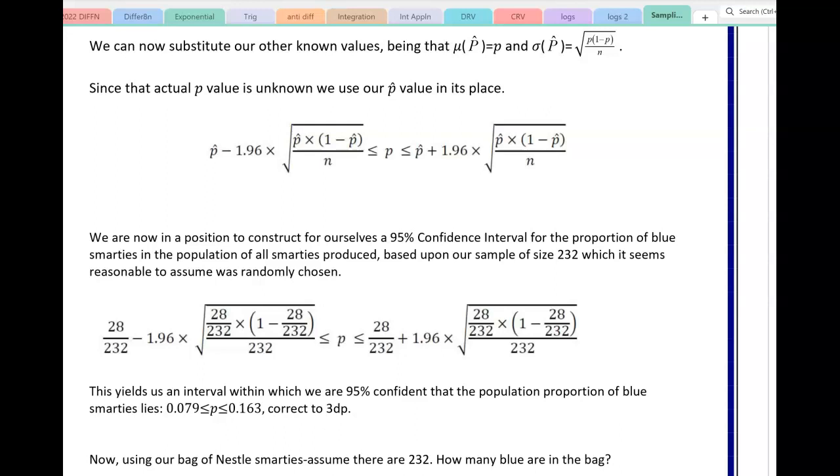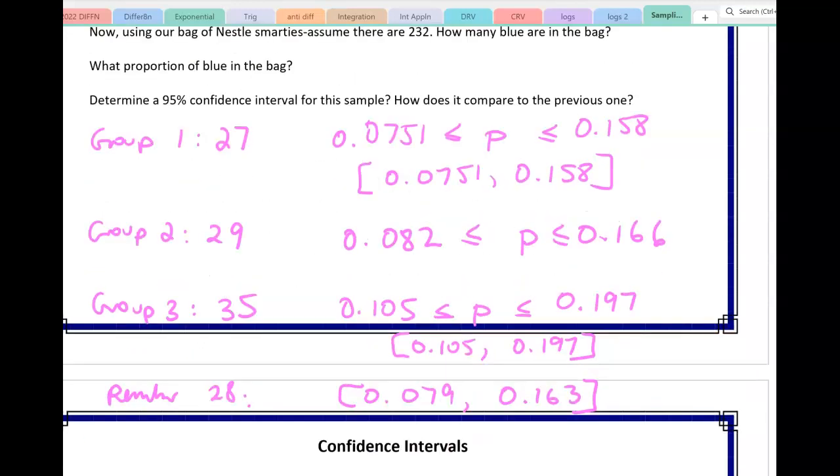But the idea is you get this interval, which we would often write in a bracket like this, in which we would be at a certain level of confidence capturing that population proportion. And so the interpretation is, if we repeat this and we have a lot of samples, then 95 in every 100 samples should be capturing that population proportion.